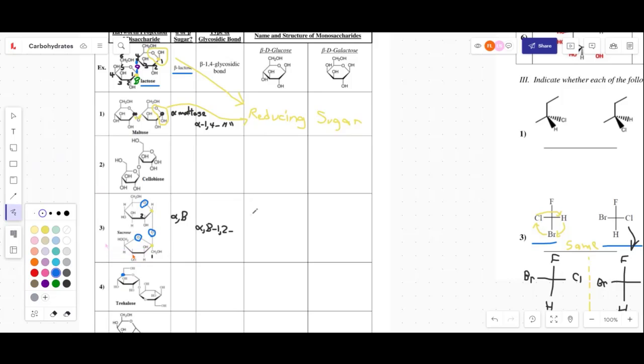So this is why sucrose is a non-reducing sugar. This is why it gives a negative result, because the test is for reducing sugars. Sucrose is not a reducing sugar because it has no hemiacetal. Exactly.